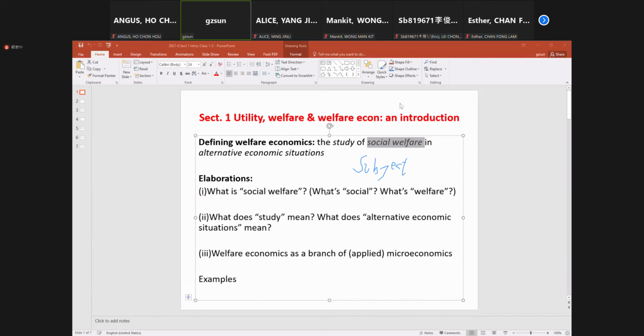How to do that? We emphasize, we study. So we will explain what we mean by study. Basically, that is, we will make some economic analysis based on economic logic to understand the subject of social welfare.